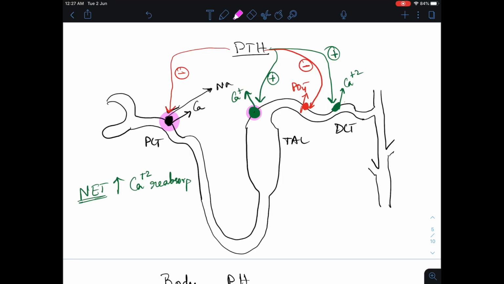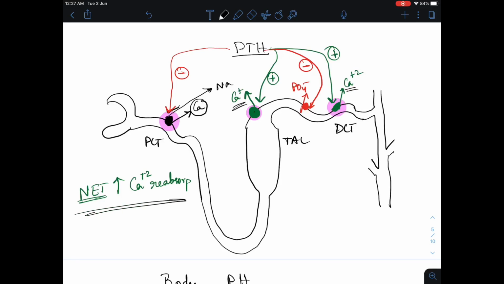And so the increased PTH will stimulate the absorption of calcium from the late thick ascending limb and also the distal convoluted tubule. So out of this, one site is inhibited but two are absorbed. That means the net is an increase in calcium reabsorption.